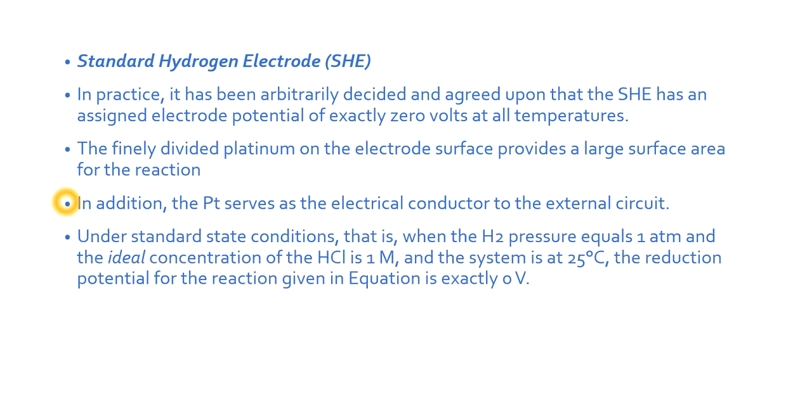Under standard conditions of 1 atmosphere pressure and 1 molar concentration of HCl at 25 degrees centigrade, the reduction potential is equal to 0. This is the standard condition for SHE.